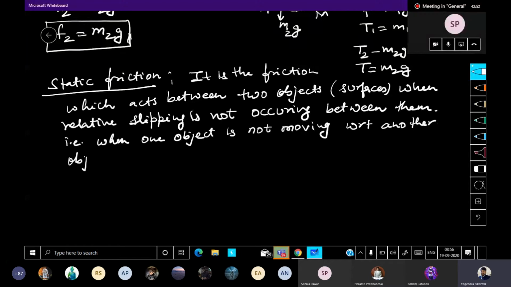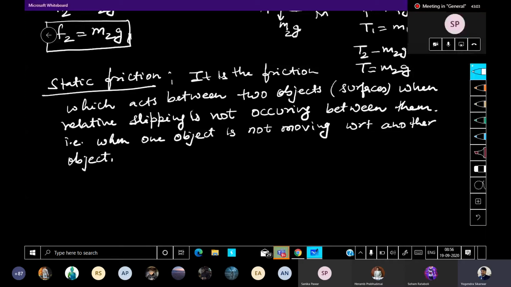So in such a case, the friction acting between the two is called static friction. The symbol for static friction is Fs, S for static.